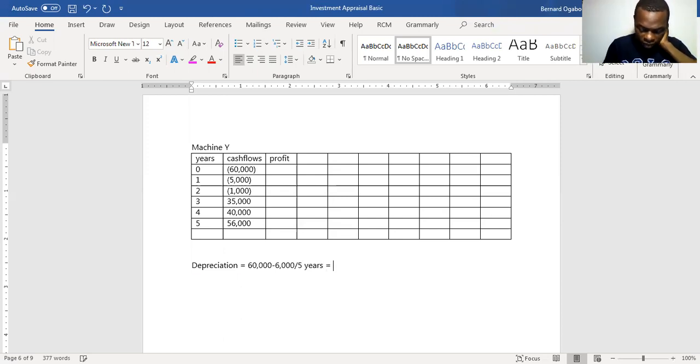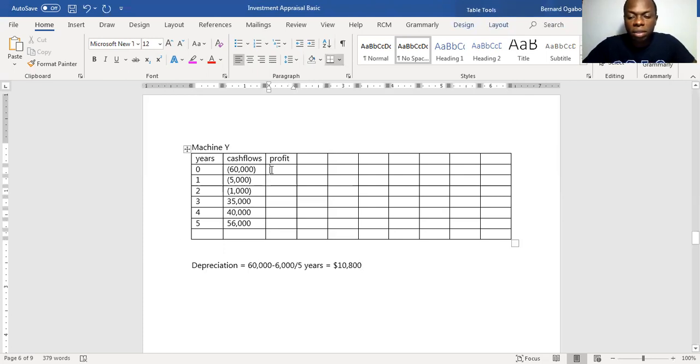That gives me 54,000 divided by 5. Annual depreciation is 10,800. Why do I need profit? Because I need to calculate the accounting rate of return.